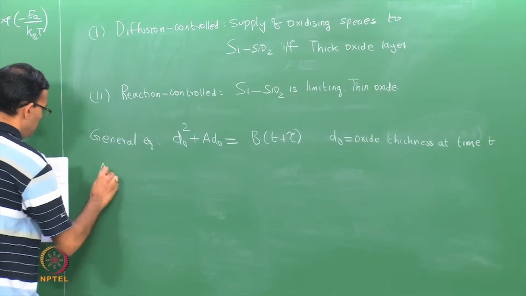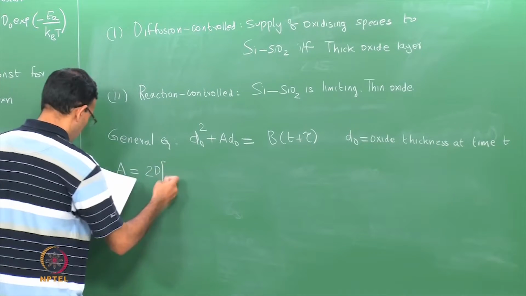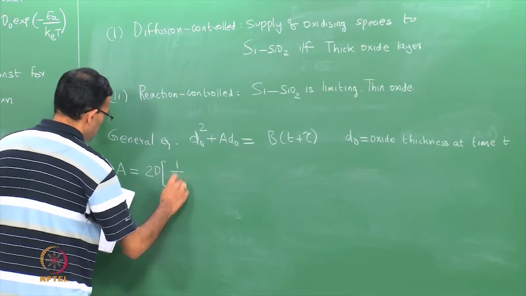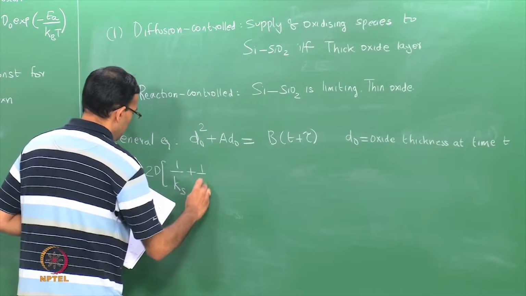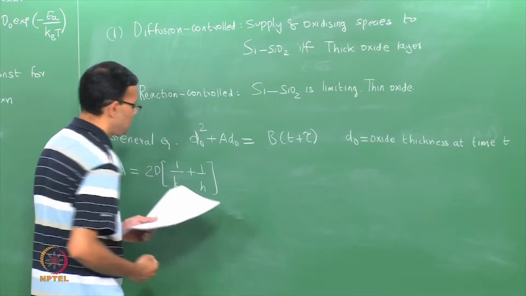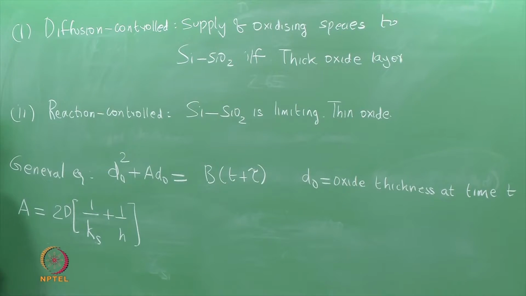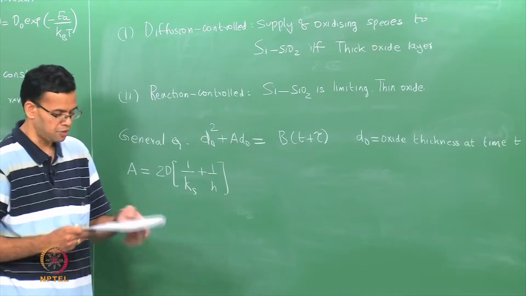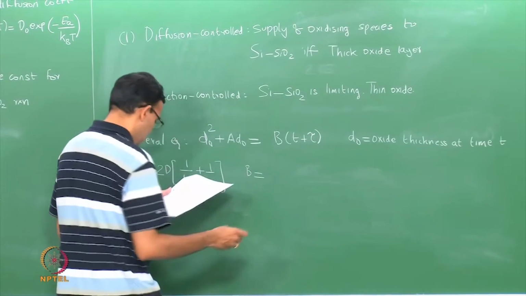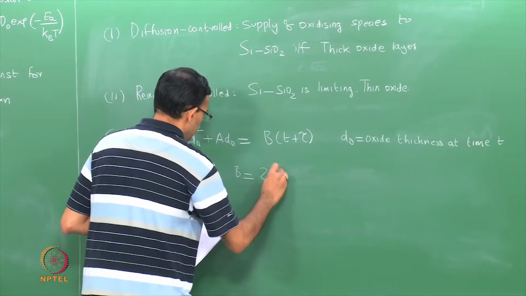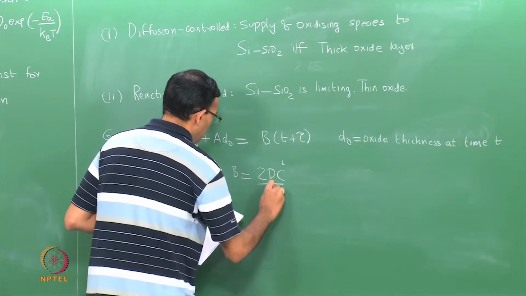A is equal to 2d. So, d is your diffusion coefficient, Ks is the rate of reaction, and h is the mass transfer coefficient, which is related through the mass transfer coefficient in the gas phase by Henry's law. B is also a constant, B is 2d C star over N1.